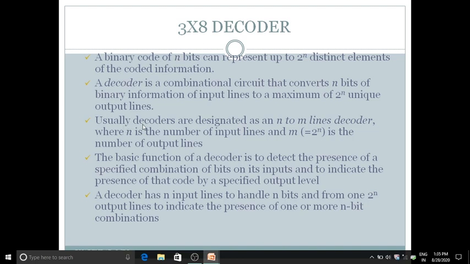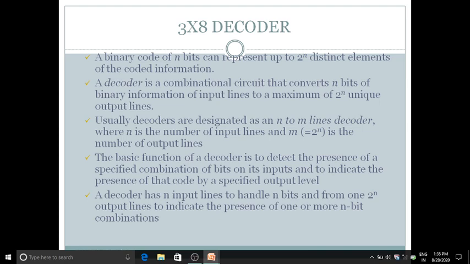Sometimes decoders are designated as n to m line decoders. N to m line means n number of input lines and m number of output lines, where the maximum value of m can be 2 power n.